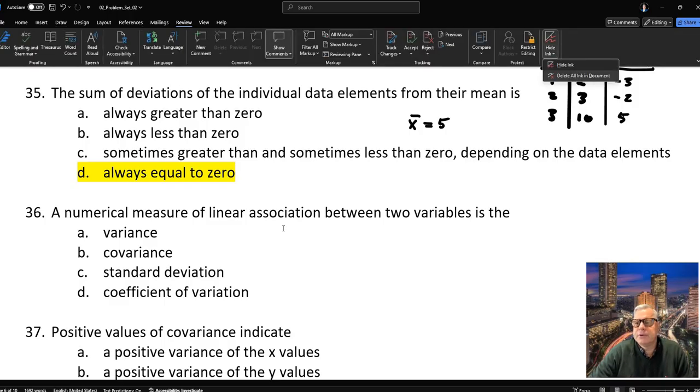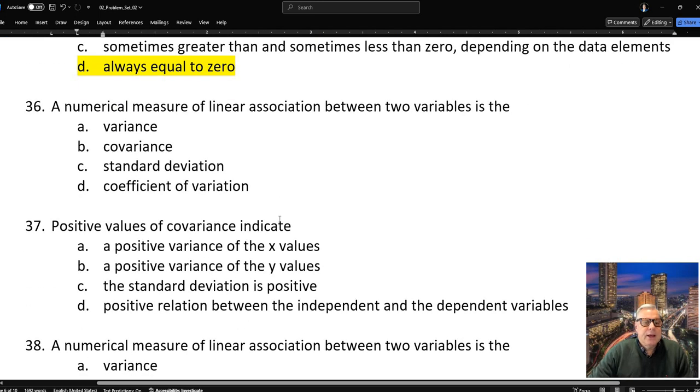Okay, that's just a numerical measure of linear association between 2 variables. So a measure of relation is the covariance.